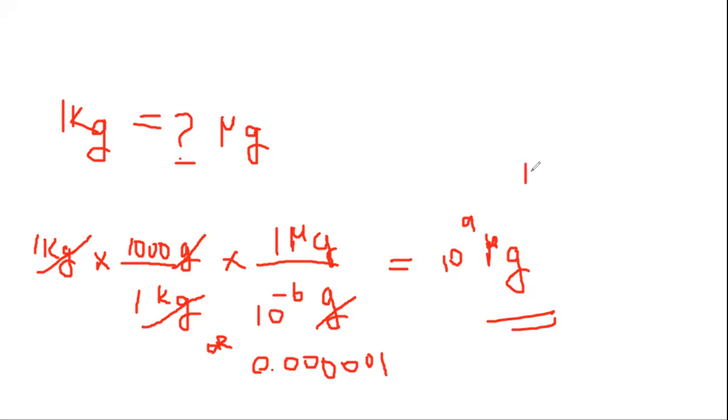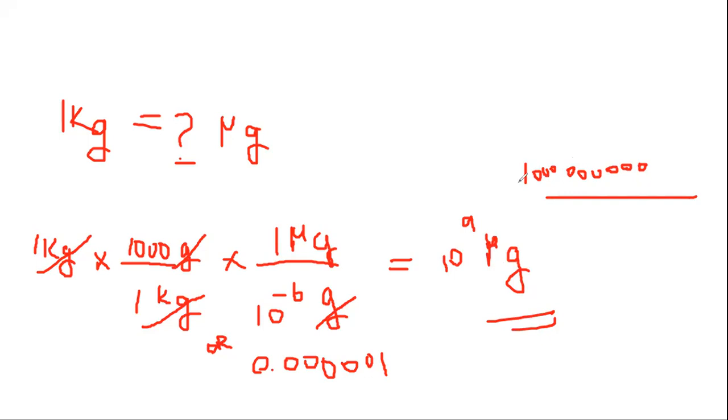Exponent 9 means you have to put 9 zeros: 1, 2, 3, 4, 5, 6, 7, 8, and 9. This or this, that is the same thing, because the calculator will give you the value of this. Maybe you can keep this one, or it is more convenient to write exponent 9, because this is too lengthy.